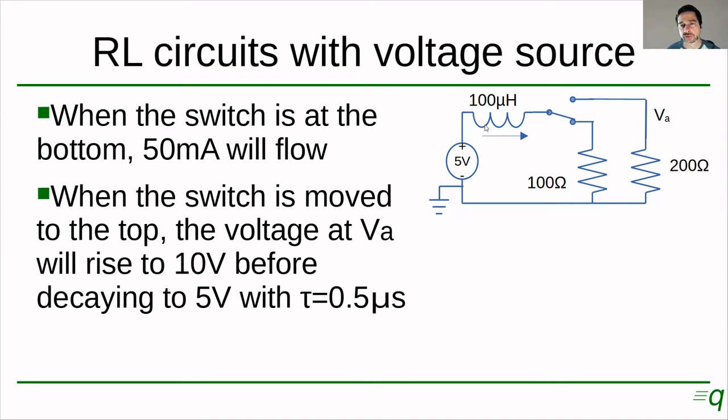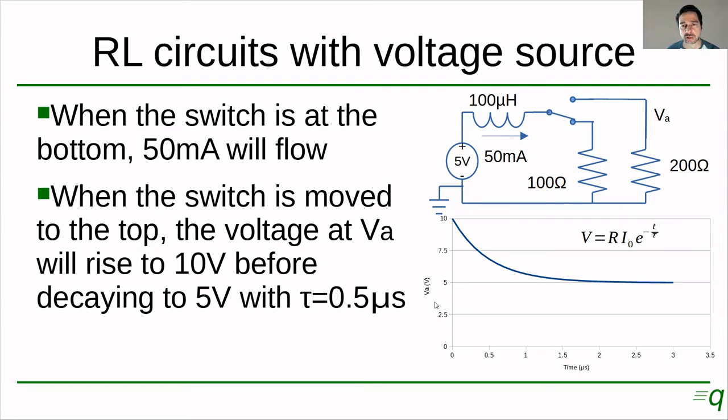So when we do 50 milliamps times 200 ohms, that's going to produce 10 volts here. And because current is flowing in this direction, it's going to be positive on top and negative on bottom, okay? So the voltage is going to jump to 10 volts here, and then it's going to slowly decay to 5 volts, right?